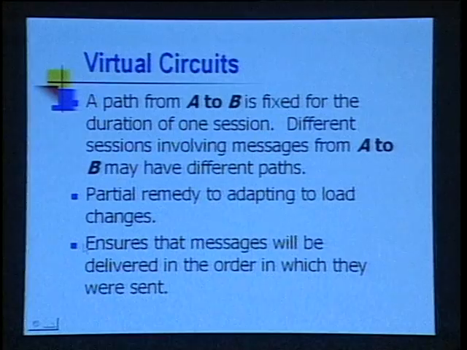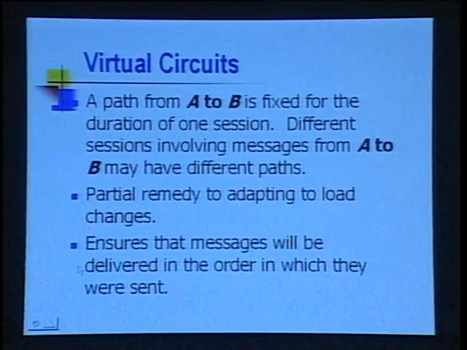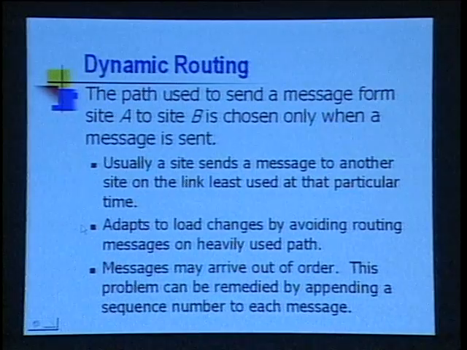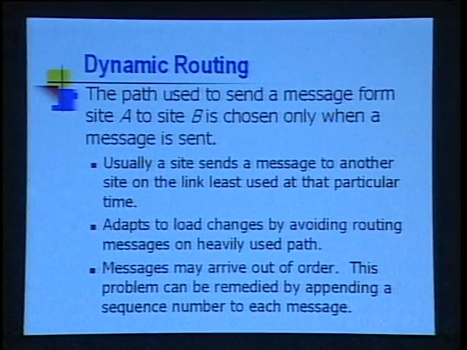The virtual circuit strategy ensures that messages will be delivered in the order in which they were sent from the sending stations. And normally, virtual circuits share the medium of the telecom companies from site A to site B. The next routing strategy is dynamic routing, in which the path is not determined in advance.